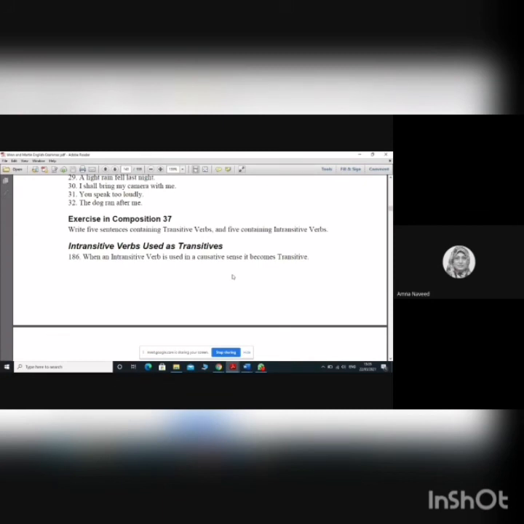A verb is eat. I can say, I eat a lot. And I may also say, I eat chocolates. So the first one was an example of an intransitive verb, and the second one, I eat chocolates, is an example of a transitive verb.